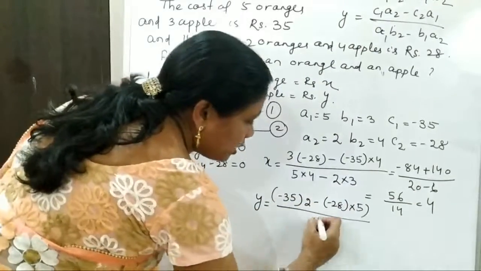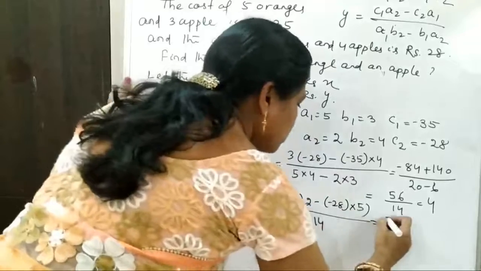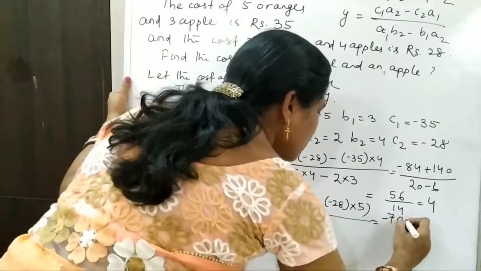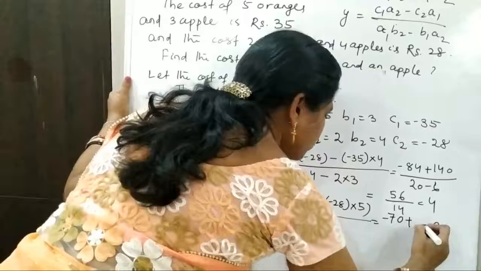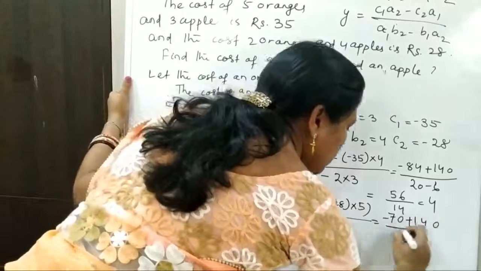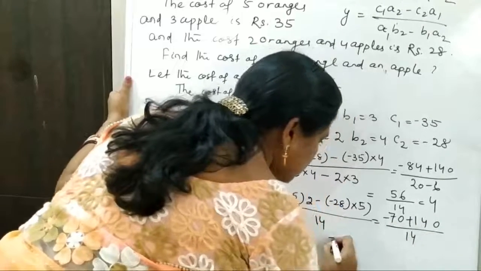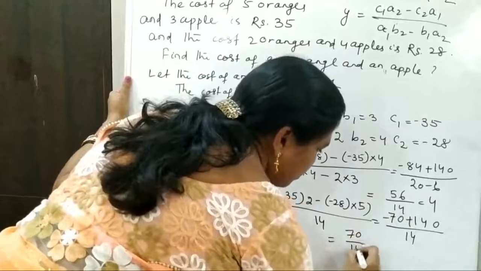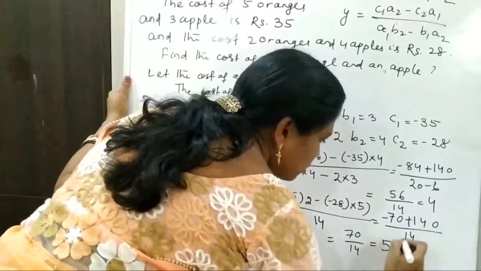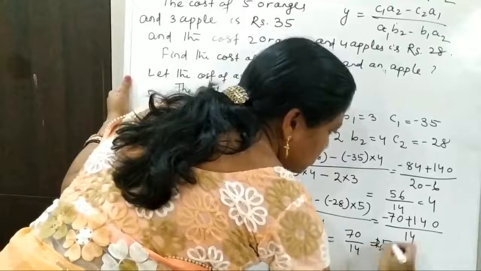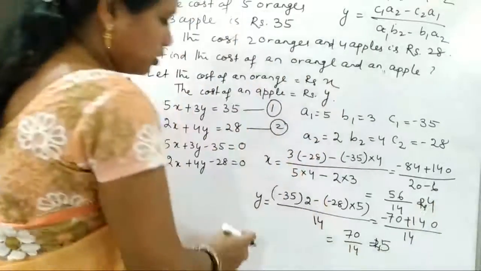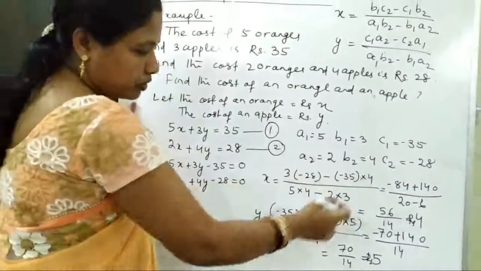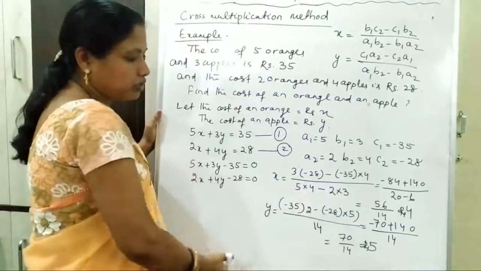So we can write it as 40. So this is equal to minus 70 plus 140 divided by 40. So this is equal to 70 by 40. So this is equal to rupees 5. So here cost of an orange is rupees 4 and cost of an apple is rupees 5.